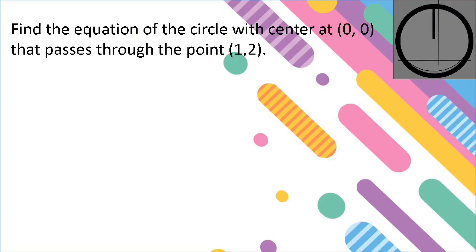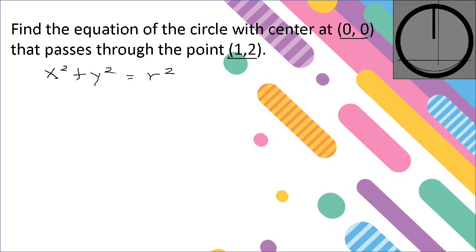So here, we are going to find the equation of the circle with center (0, 0) that passes through the point (1, 2). So again, the center is at the origin, so we're going to use x raised to 2 plus y raised to 2 is equal to r raised to 2.